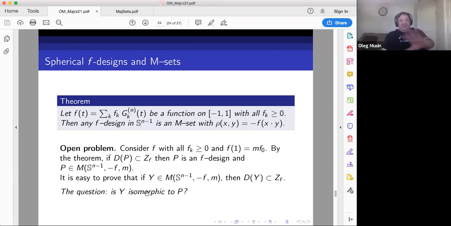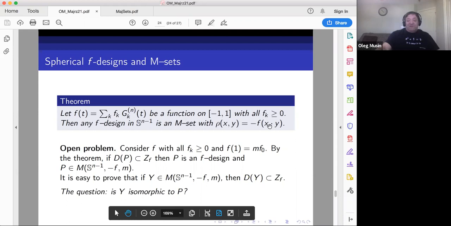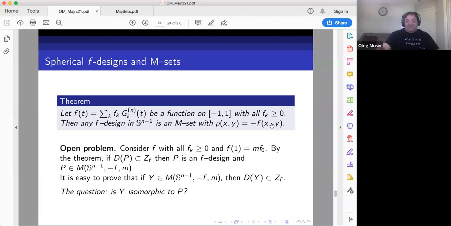Just let me not to design. Actually, all f designs are also m sets with rho equals minus f of x dot y, the inner product of x and y.